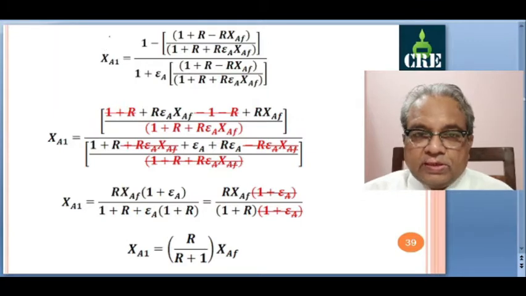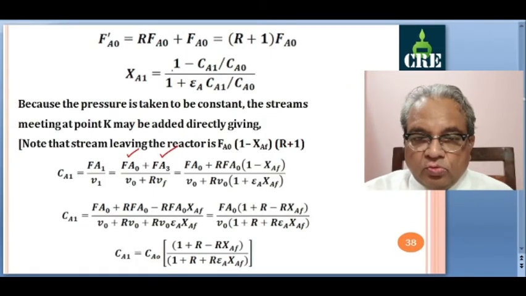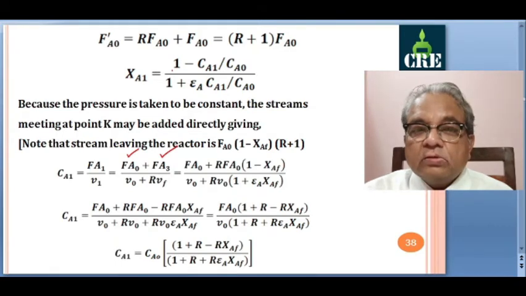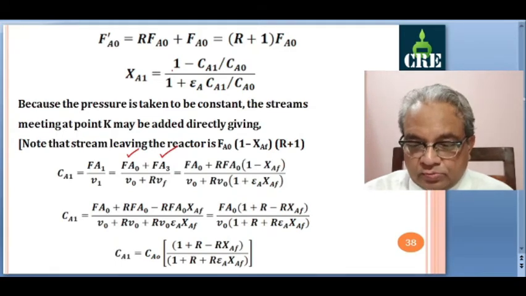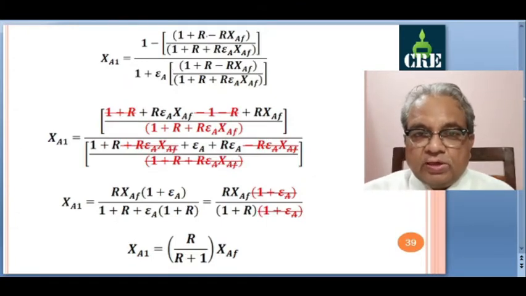So XA1 is 1 minus Ca1 by Ca0 divided by 1 plus epsilon A Ca1 by Ca0. So Ca1 by Ca0 we know is this bracket, that we can write down for Ca1 by Ca0 in the numerator as well as in the denominator. So 1 minus Ca1 is this term and the same term in the denominator. Here the multiplying factor is epsilon A. Denominators are same here. Okay.